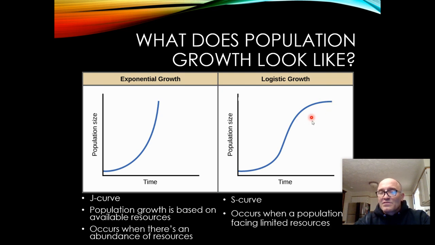And that's once resources start to become more scarce versus unlimited resources. And this eventually is what happens to almost every population. It's going to level off and have what's called logistic growth, or an S curve.